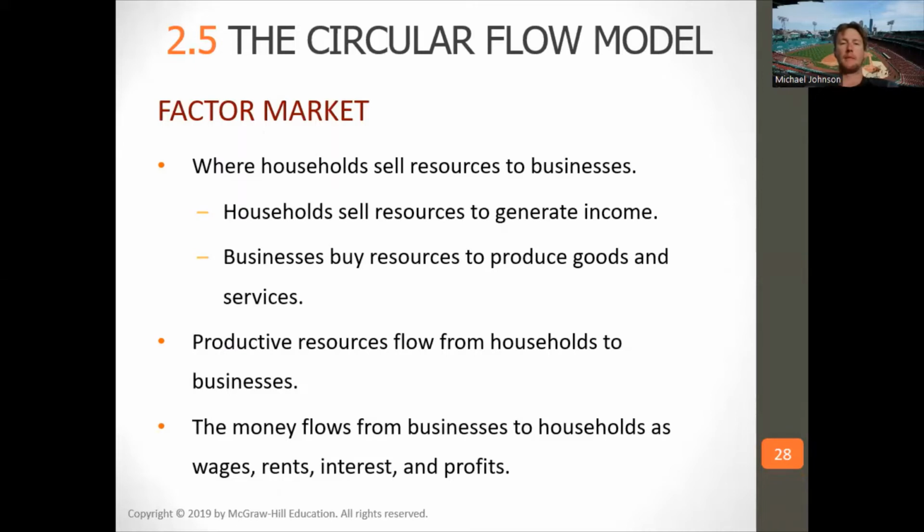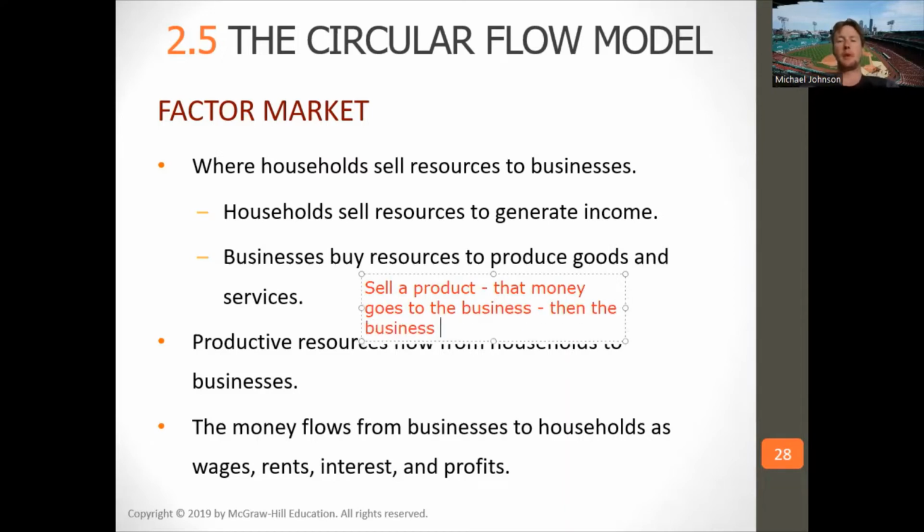So like you sell a product, that money goes to the business. Then the business pays the employees with salary, wages, interest, commissions, stock gains, and profits.